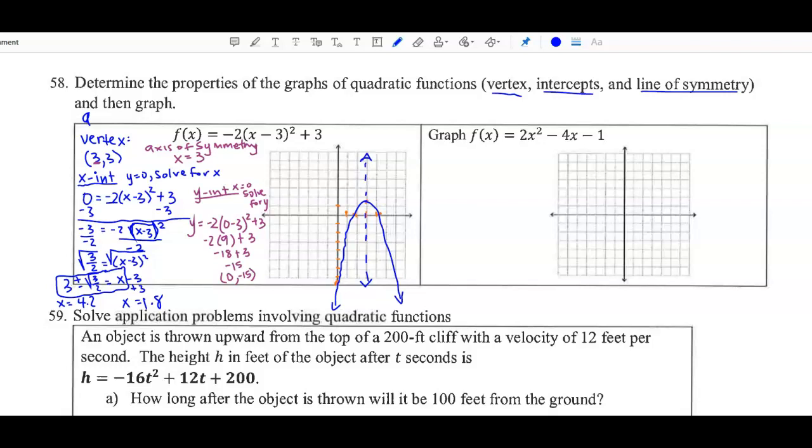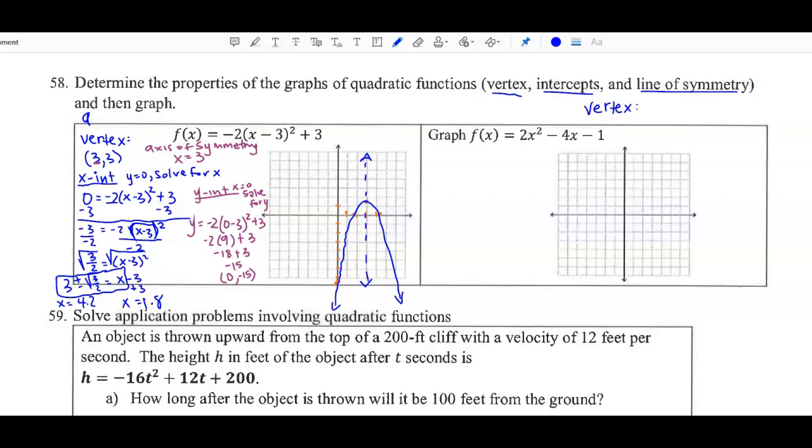Okay, and then you want to make sure that you know how to do the same thing if it's in standard form. If it's in standard form, you want to make sure that you remember the formula for the vertex. You could change this to vertex form like we talked about. If you feel comfortable doing that, then that's great.